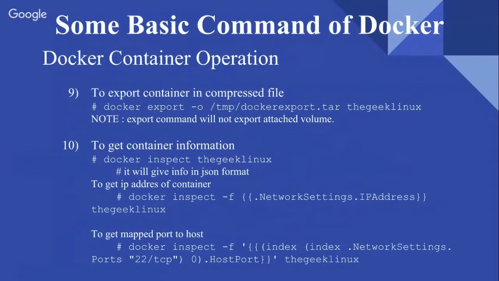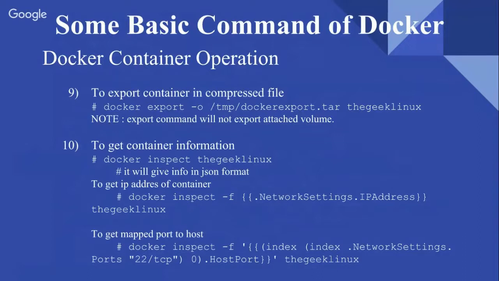And to export this container into a compressed file, it will be like docker export, hyphen o for output file, slash temp, the name of the file, and then the container name. And there is a note that the export command will not export an attached volume, like when I attach a volume with hyphen v, it won't be exported, it will be outside, it won't be included in the tar file.